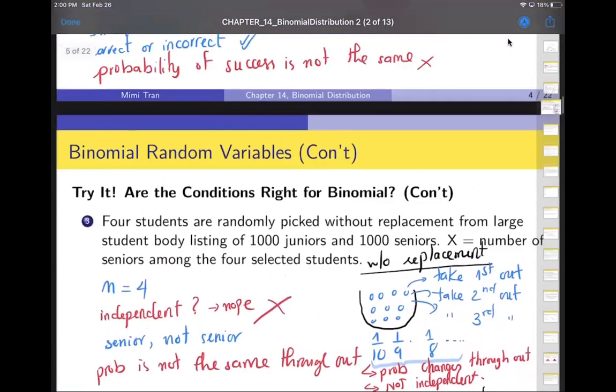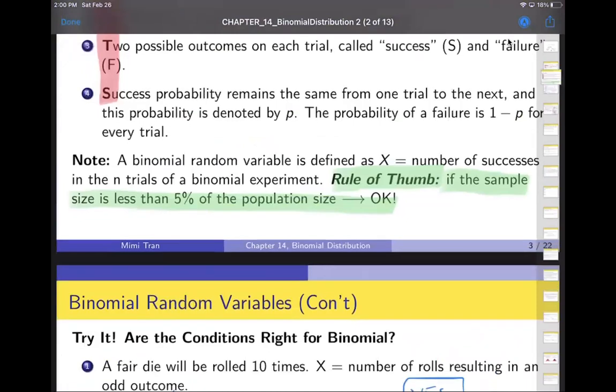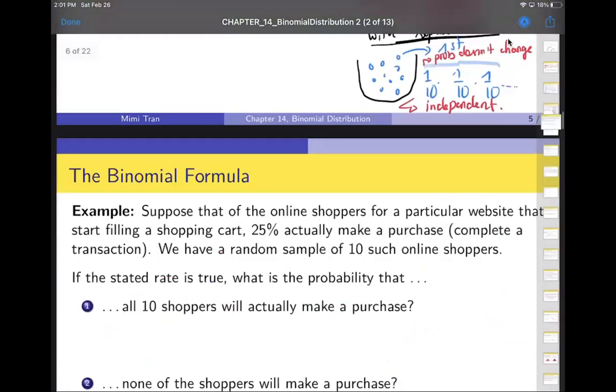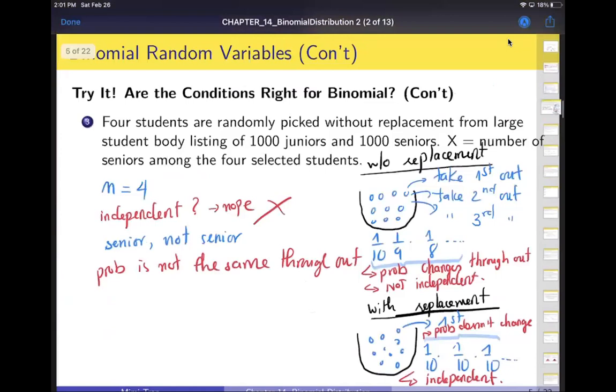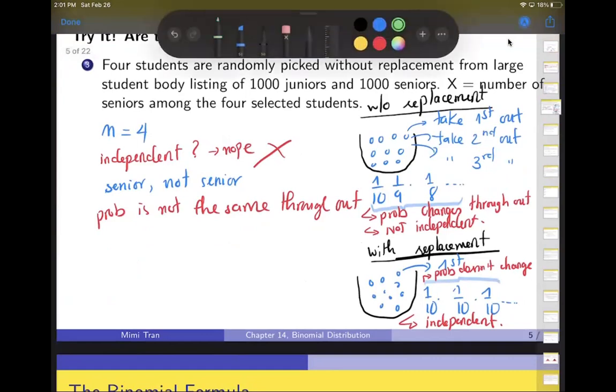However, do you guys remember the rule of thumb I highlighted in green, right? If the sample size is less than 5% of the population size, then it is okay. So let's see, what is the percentage of the sample size here? We have 4, the sample is 4 out of 2,000, right? So we write in green here, 4 out of 2,000.